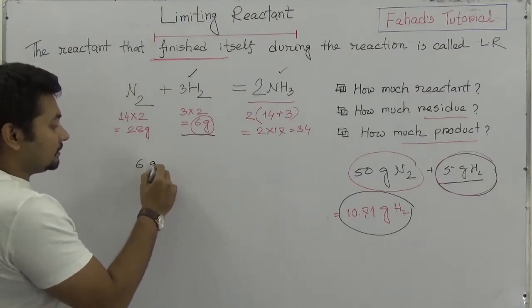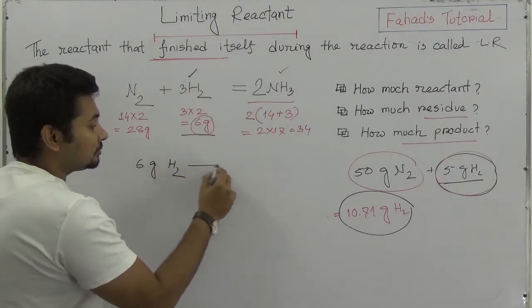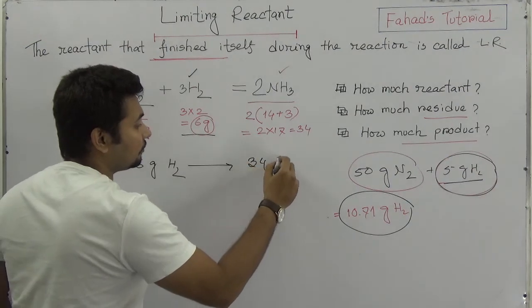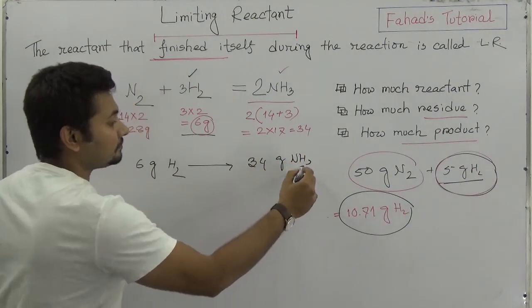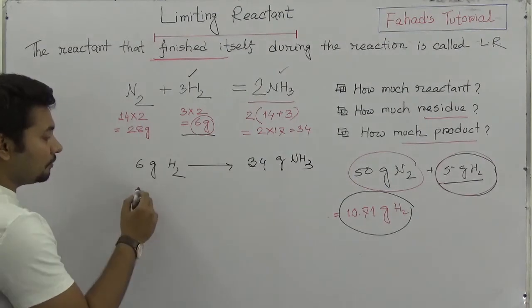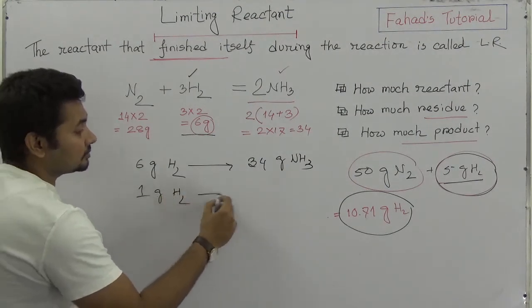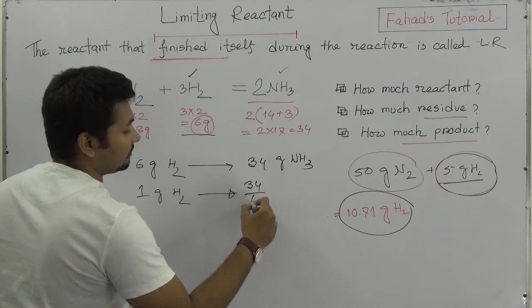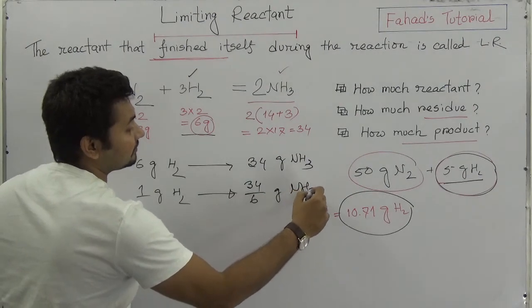So 6 gram hydrogen is producing 34 gram ammonia. So 1 gram hydrogen is producing 34 by 6 gram ammonia.